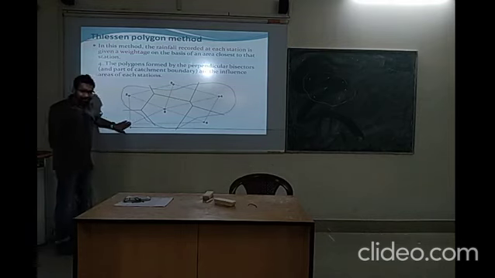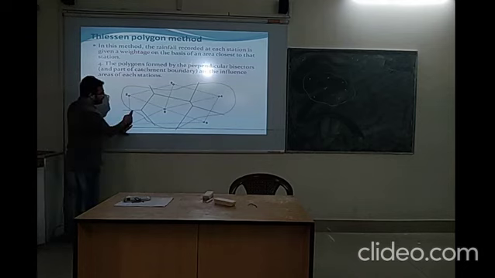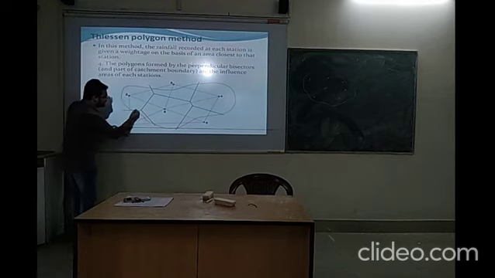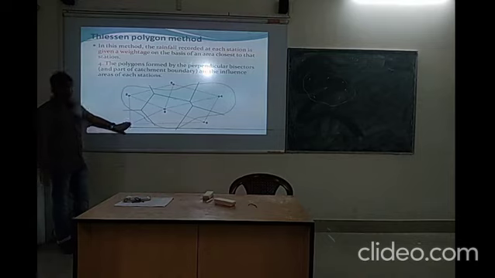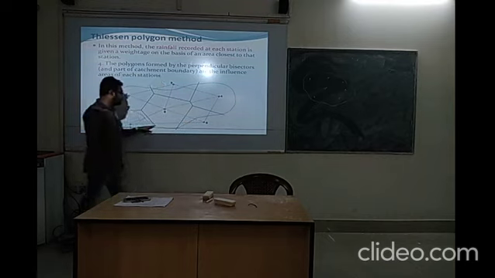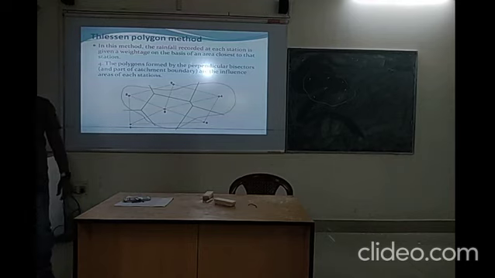For 1, the influence area or polygon area will be this, up to the boundary of the catchment area. So this will be your influence area for station 1. We will not consider up to this point, because we are finding the average rainfall in this particular catchment area. Clear?